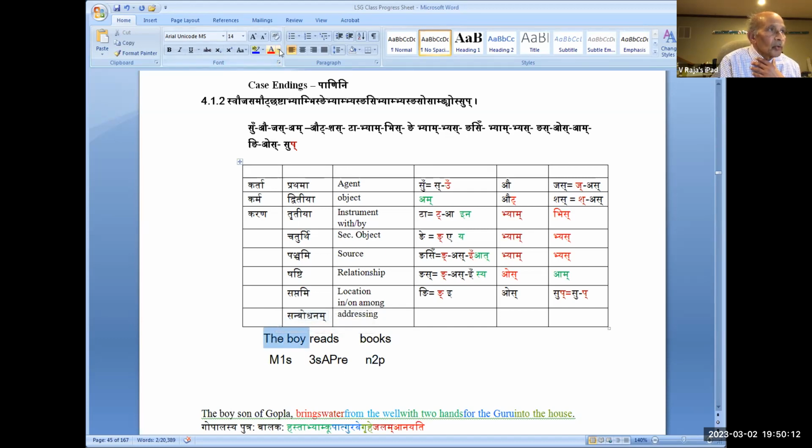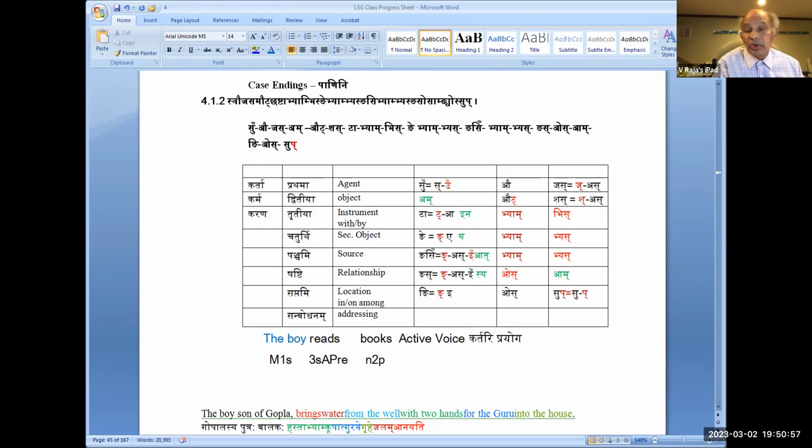If this is active voice, the karta is important here. So we call that the active voice. Or in Sanskritam, it is karta is important, kartari prayoga.